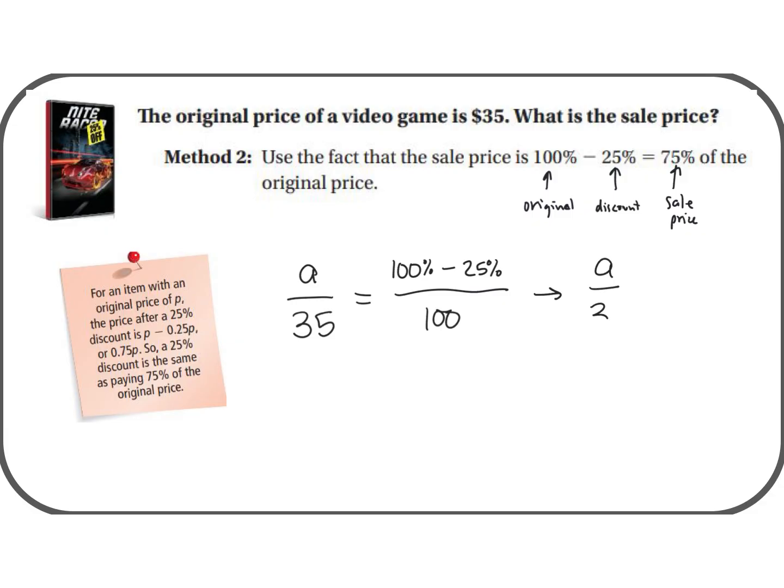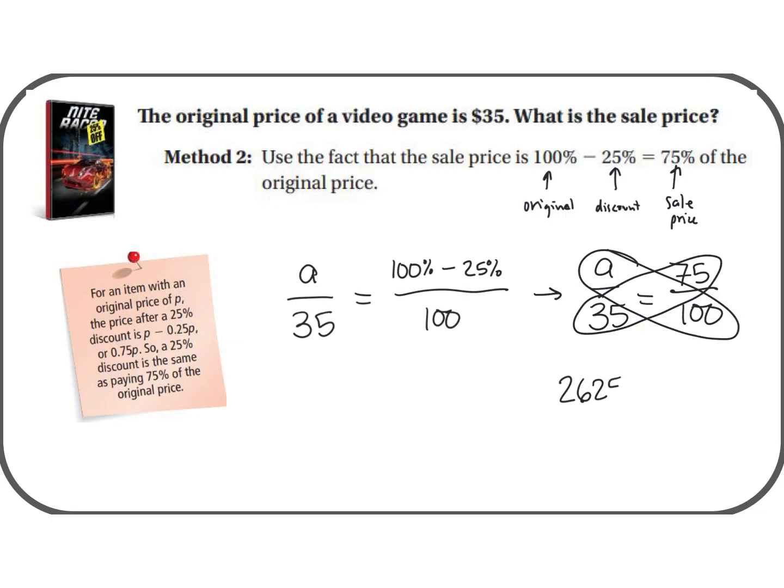So when I go through and do that, I am now paying 75% of the original price. Okay, 25% is covered by the store through the discount. I'm responsible for the other 75. If you go through this, what ends up being nice is that when I cross multiply, I get 2625 equals 100A. And when I divide by 100, we see that I end up at that sale price.